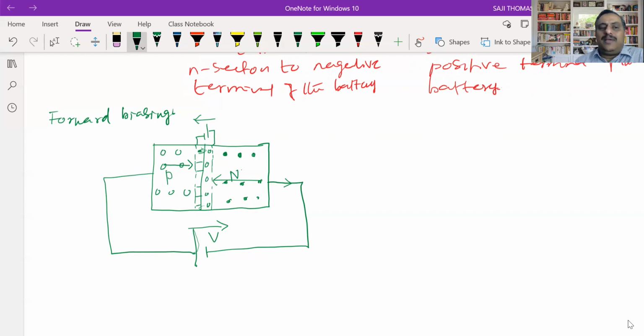So during forward bias, what is happening? What is happening to the depletion layer? Thickness of the depletion layer decreases.